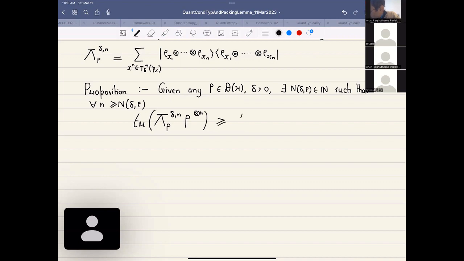That's really all it says. It is 1 minus exp of something that scales with n.